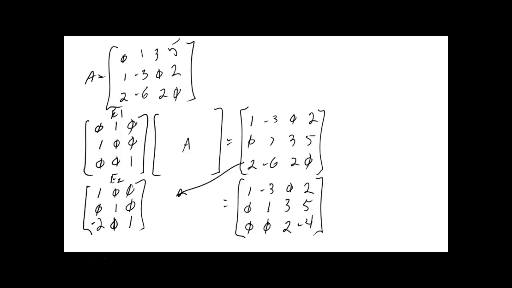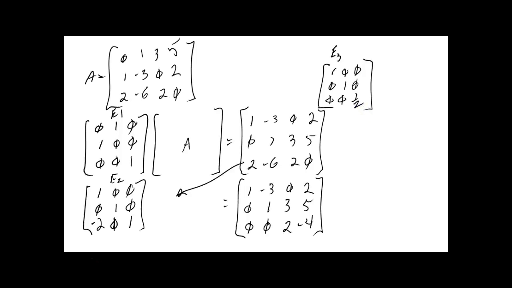So your next elementary matrix, E3, would be what? 1, 0, 0, 0, 1, 0, 0, 0. Oh yeah, right, I'm sorry, 1/2. I was getting ahead. You're absolutely right.